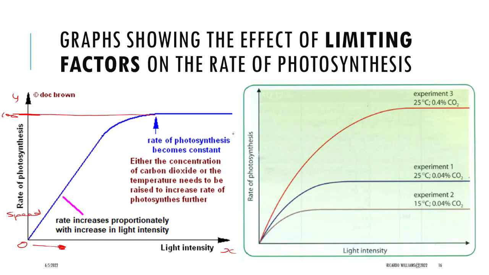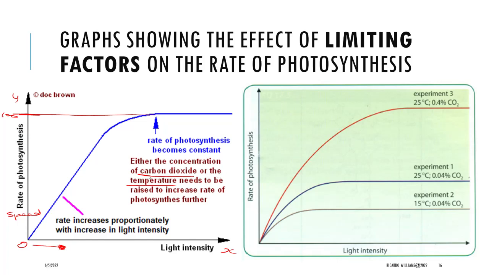What that is saying is now we increase in light, and if you continue to increase the light, no matter how much more light you put, the plant is still not making glucose faster than 100. That is saying that carbon dioxide or the temperature is going to be limiting the process.